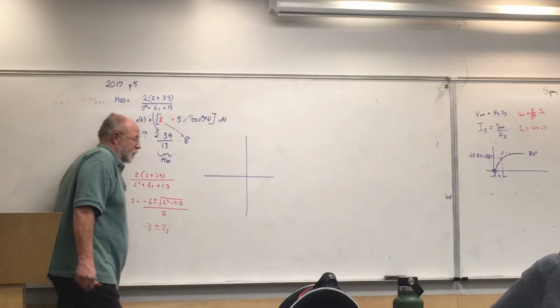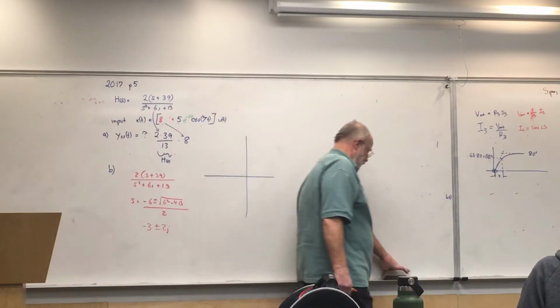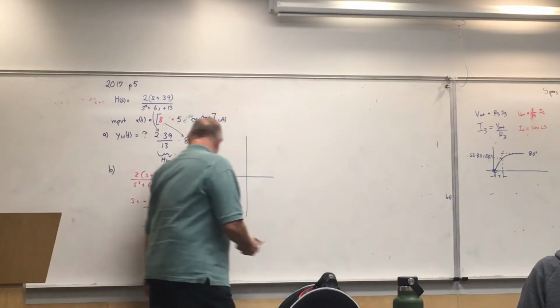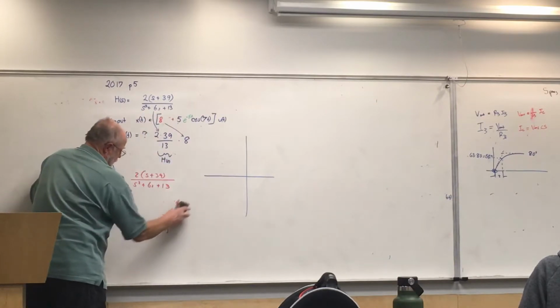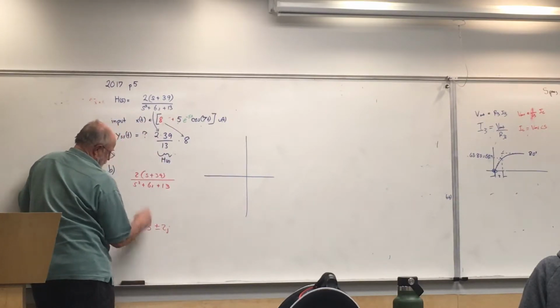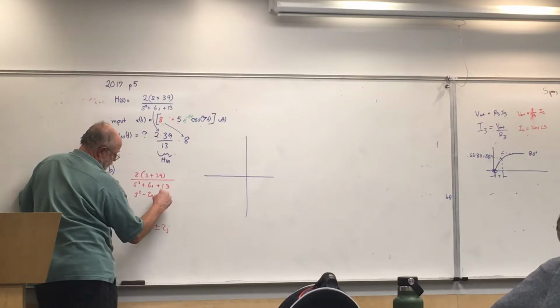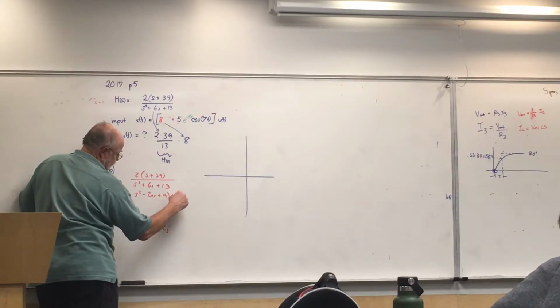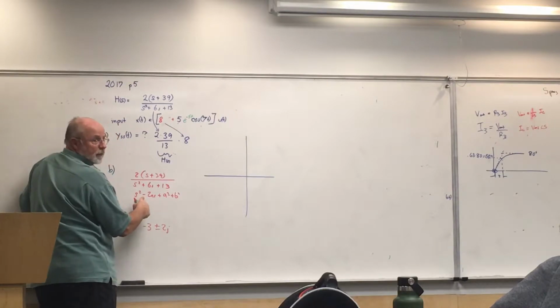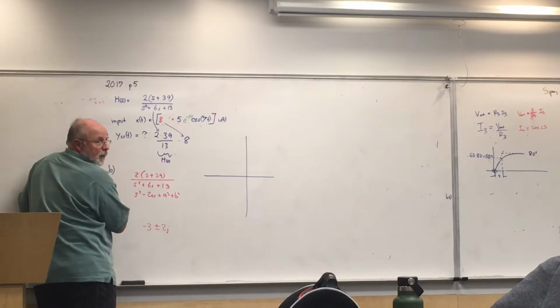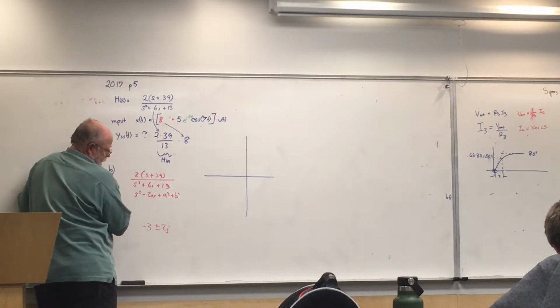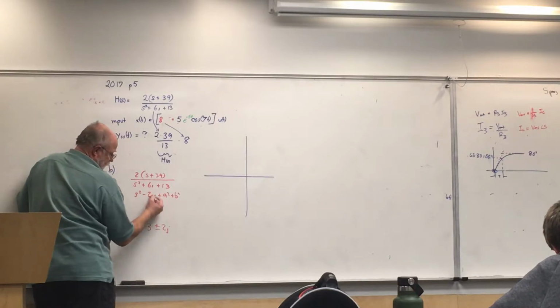There are other ways to do it. You can look in the table and see that there's an entry for s squared minus 2as plus a squared plus b squared. If 6 is equal to minus 2a, what is a?